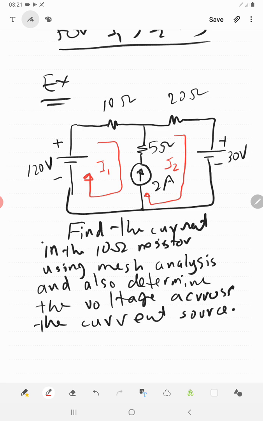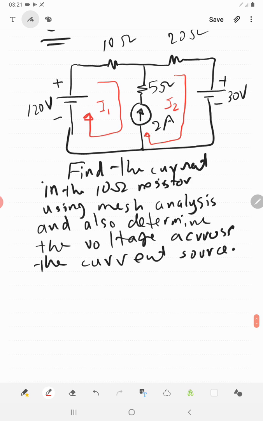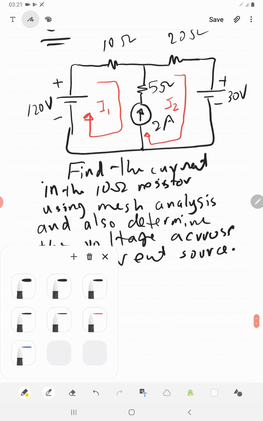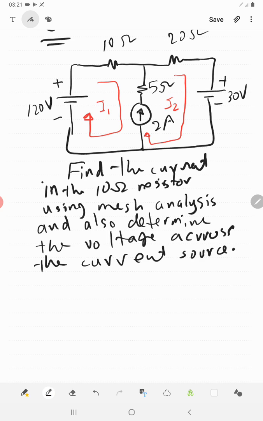Usually in mesh analysis, the first step is to assign the loop currents, then we apply KVL or the mesh analysis theorem to both loop currents.